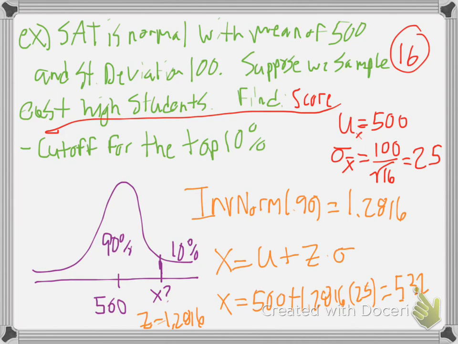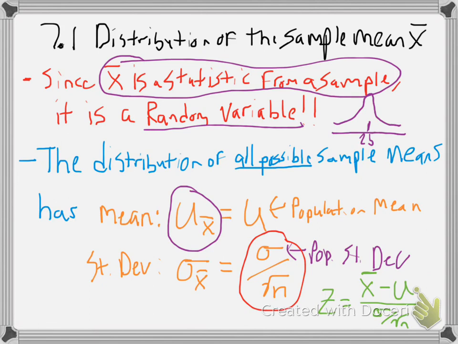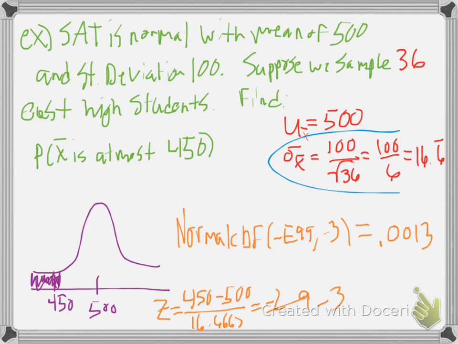Now, just remember in all of these examples, the only thing that's different from Chapter 6 that we just did is this new standard deviation that's circled here at the bottom in red. I did that every time in every problem. I found the new standard deviation, circled right here, divided by the square root of n. That's the only new thing. Everything else is the same.